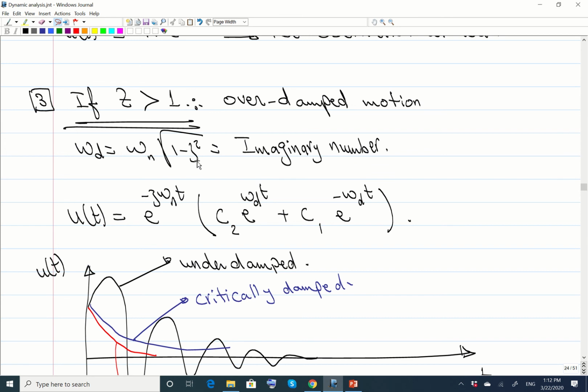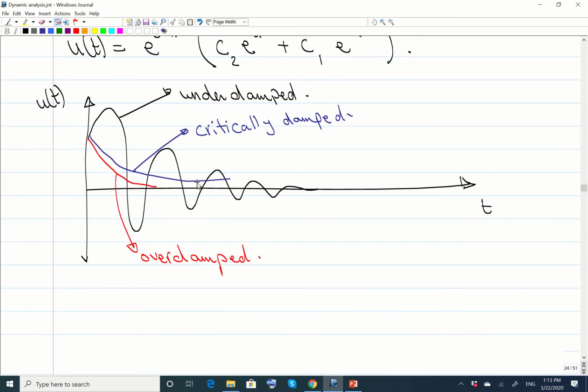So let's say 0.2. 0.2 squared becomes 0.04. So 1 minus 0.04 is 0.96. Let's find the square root of 0.96, it's 0.979, about 0.98. So actually the frequency of the damped vibration, although it's different from the undamped vibration, is so close to it, maybe 98%. So omega d is around 98% of omega n for regular structures, or for most structures.